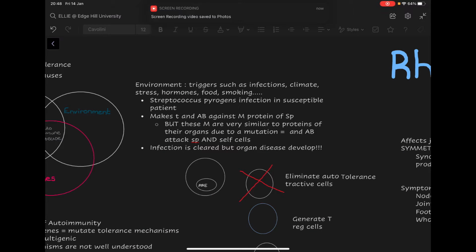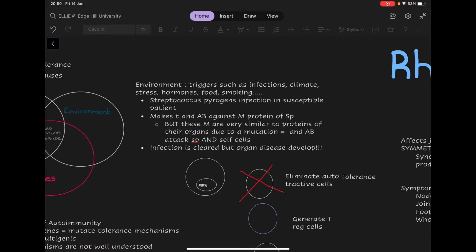Another factor is the environment, so triggers such as infections, the climate, stress, hormones, what we eat, and if we smoke can result in autoimmune diseases. The best example is with an infection. So there's you and your sister.